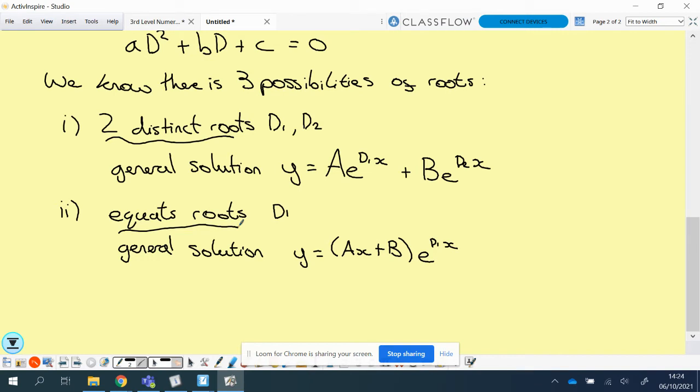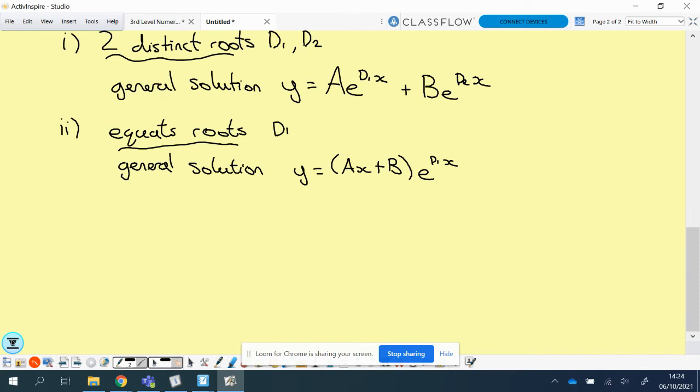Okay, then we get to the third case, which before we would have known as no real roots, but we've just seen in the previous video that we get complex roots now. Complex numbers come up, so complex roots.